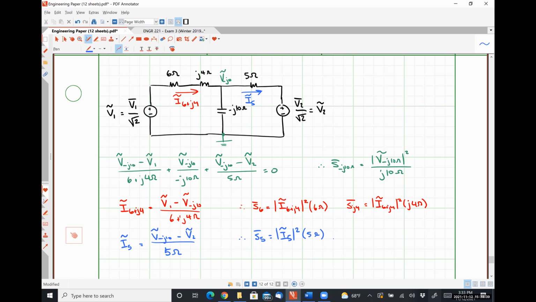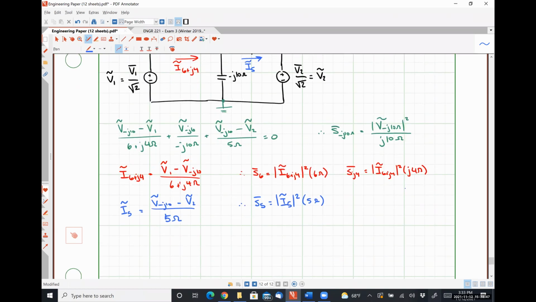Since that current I5 flows into the positive polarity terminal of our right-hand source, SV2 is equal to V2 times the conjugate of I5.